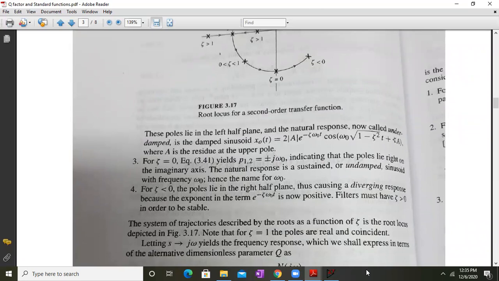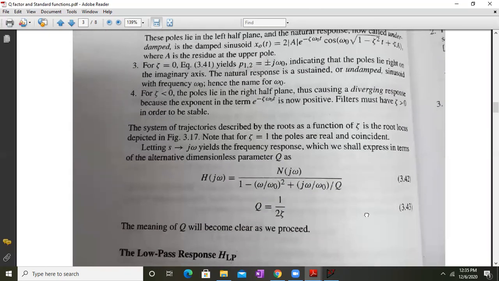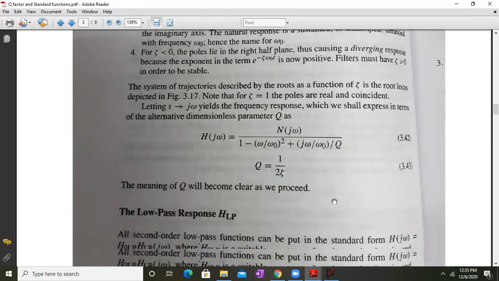And if zeta is less than 0, the filter will be an unstable filter basically. Okay, so q is the quality factor. The meaning of the quality factor will be clear in some time from now.